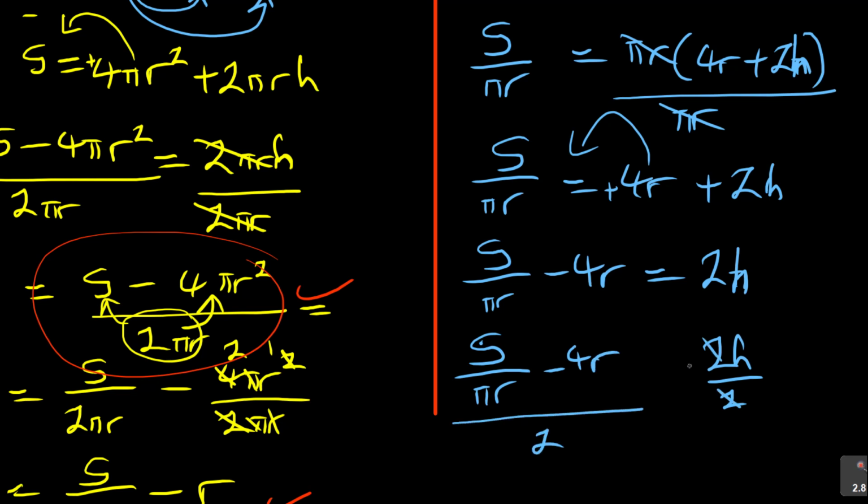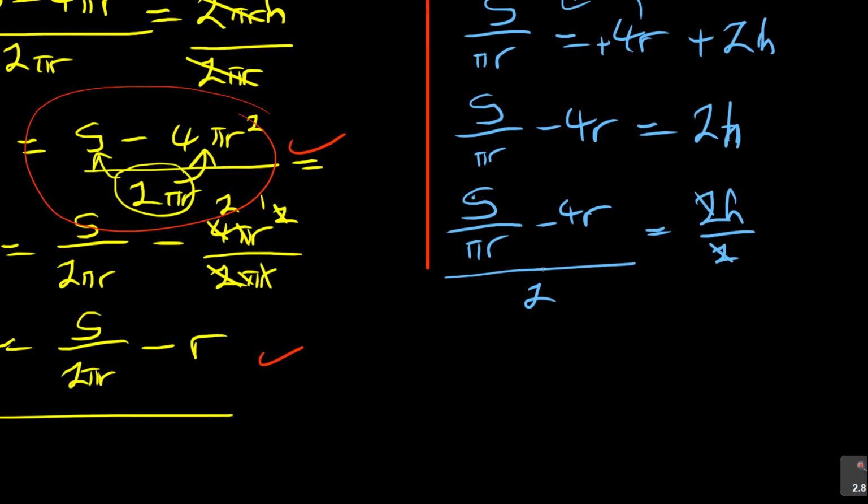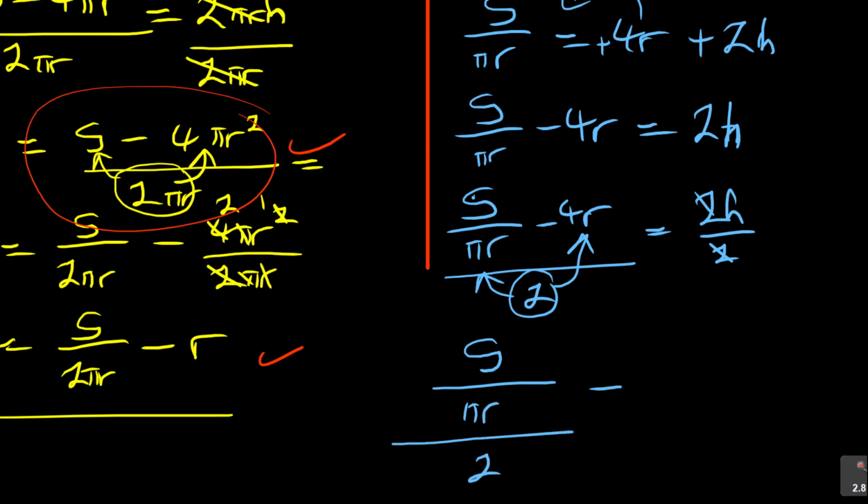What you do on the left, you do on the right. You see that? Then it's up to you how you want to do it. Again, I told you this 2 affects that and that because of the negative sign. So it's s over pi r over 2 minus 4r over 2 is equal to h.